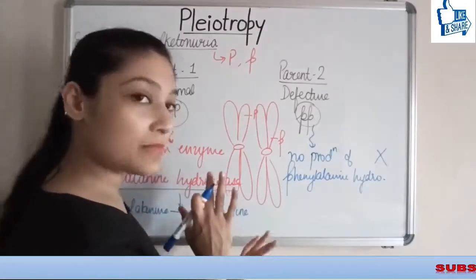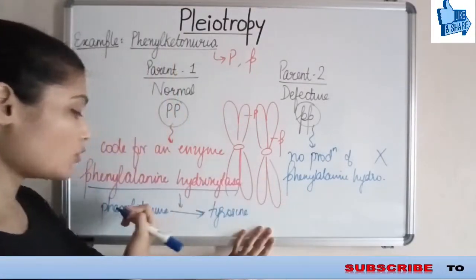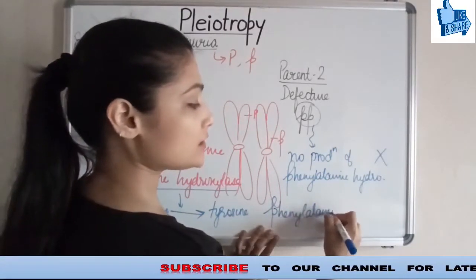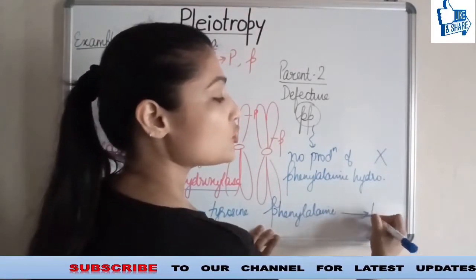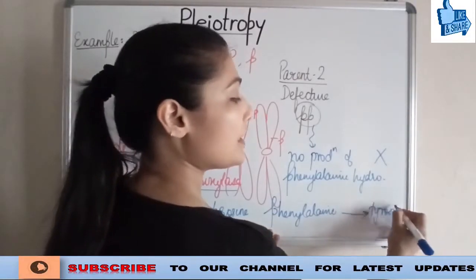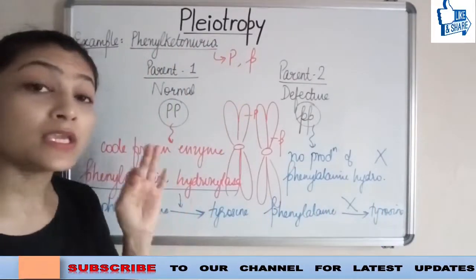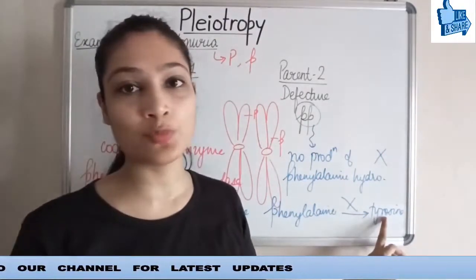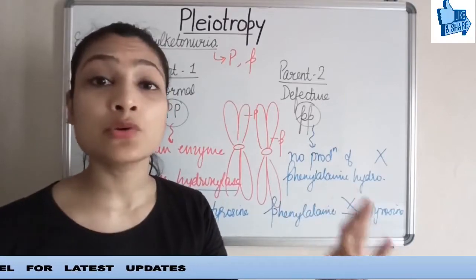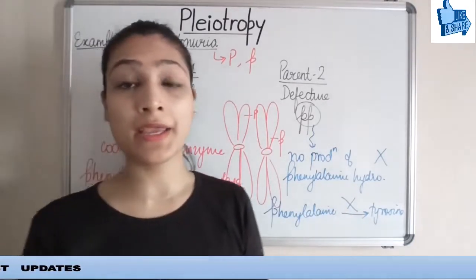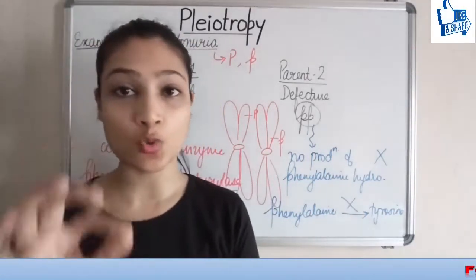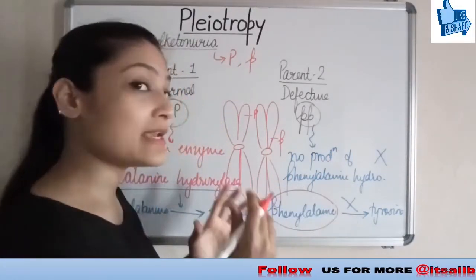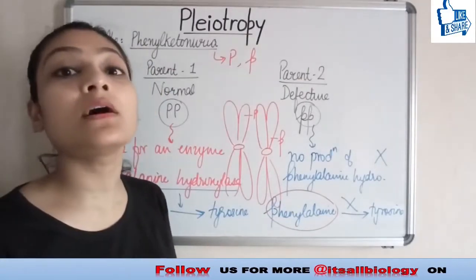When this enzyme is not produced, the conversion of phenylalanine into tyrosine is not going to be there. The phenylalanine is not going to be converted into tyrosine, which is why there is going to be a situation wherein the phenylalanine gets accumulated in the brain.